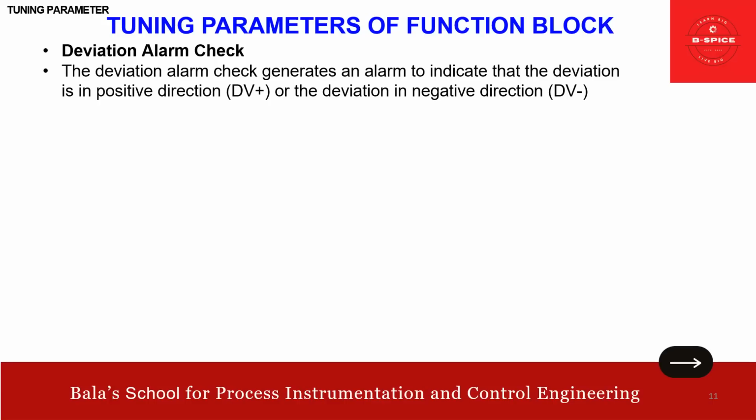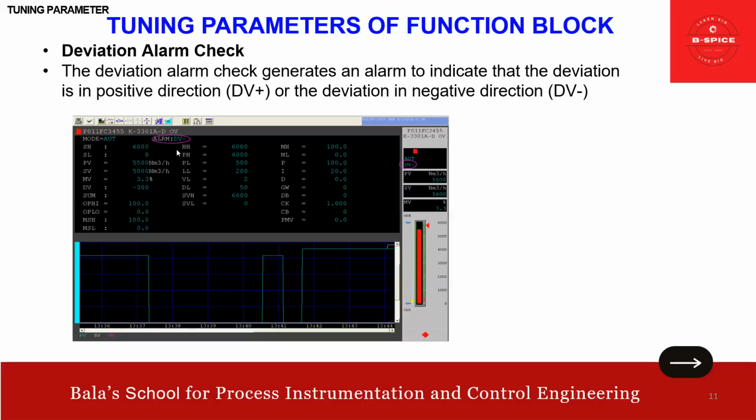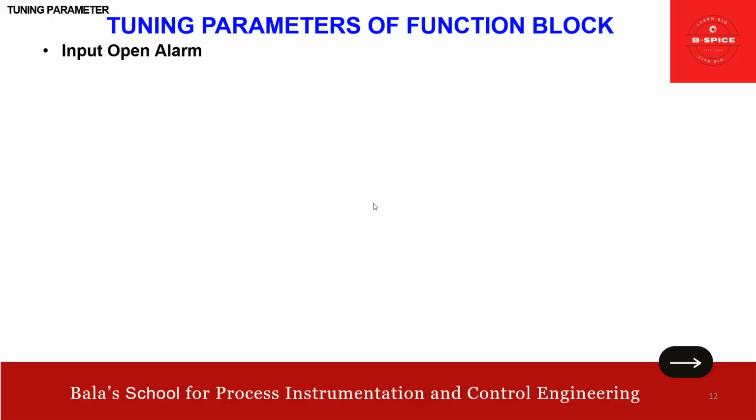So the deviation alarm check generates an alarm to indicate that the deviation is in positive direction, that means dV plus, or deviation in negative direction means dV minus. This is the typical example. You can see here deviation. I'm just giving an example, friends, for those who have not gone into the system exposure. That is the intent actually.